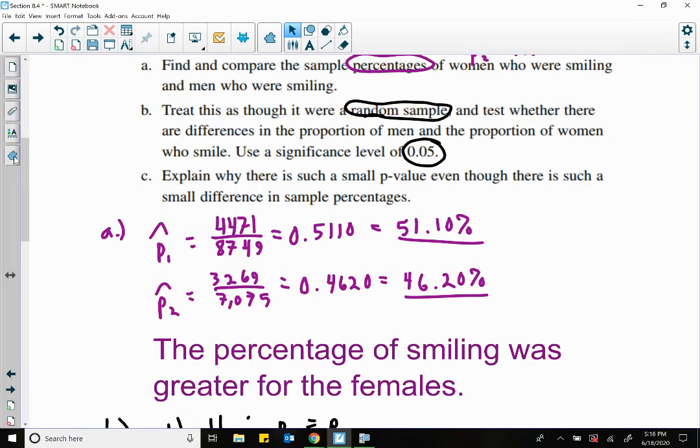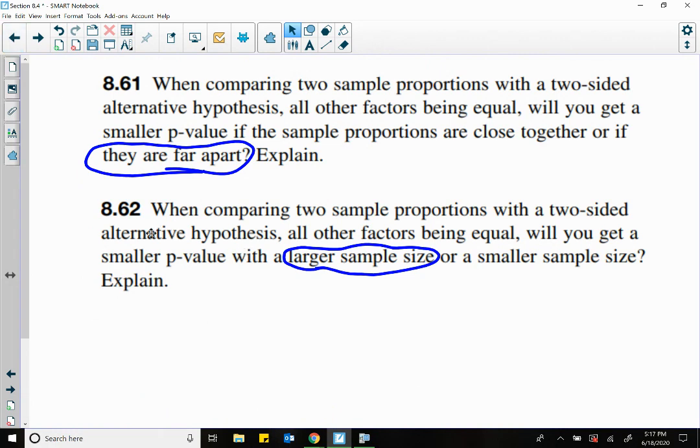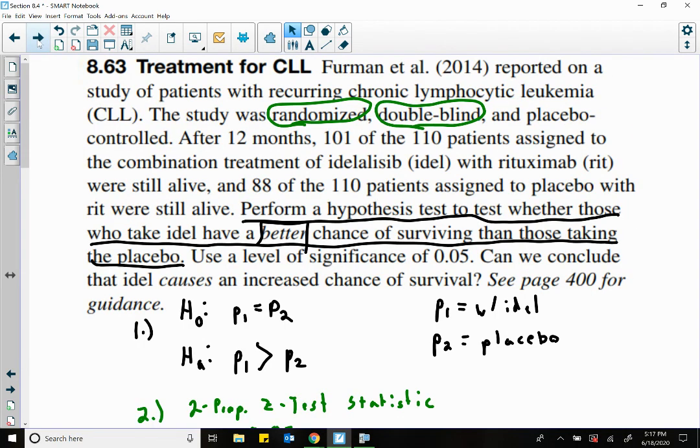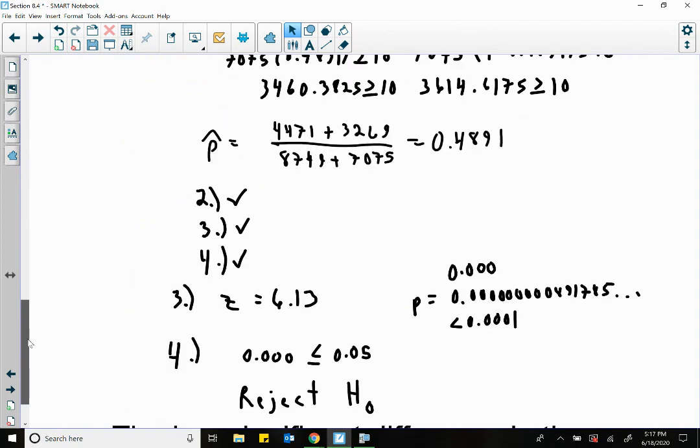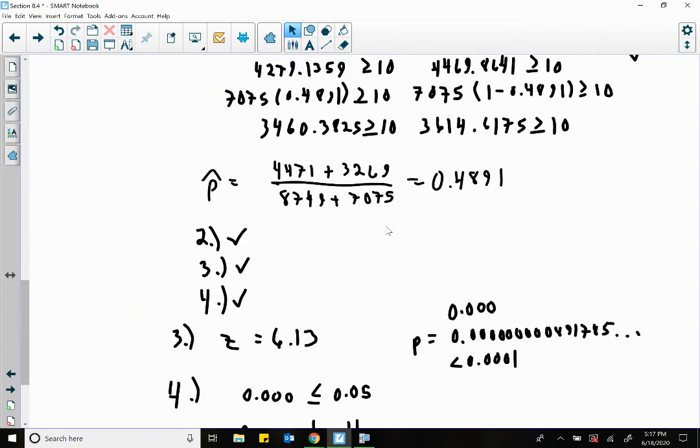Let's answer it now. Explain why there is such a small p-value, even though there is such a small difference in the sample percentages. And this is what we talked about a couple minutes ago. It's because our sample sizes are huge. The larger that sample size, the bigger the denominator you have.